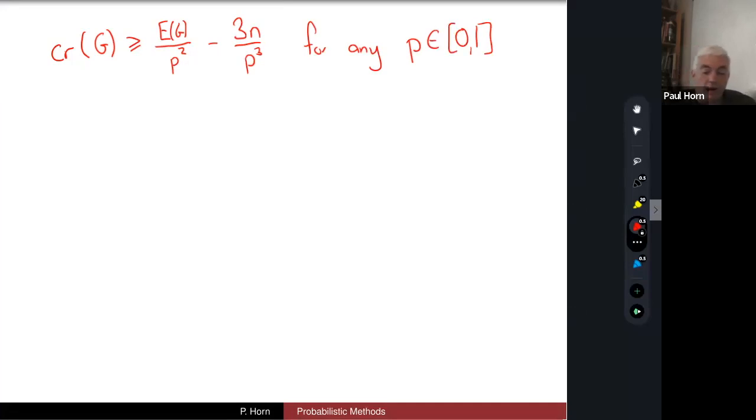So now I should just try and pick a p that makes this as large as possible. And that will give me a better and better bound.